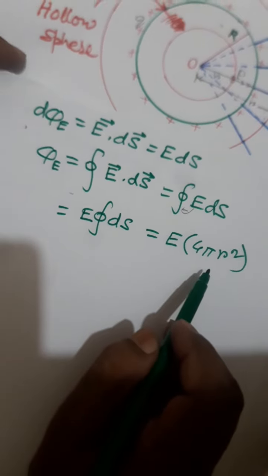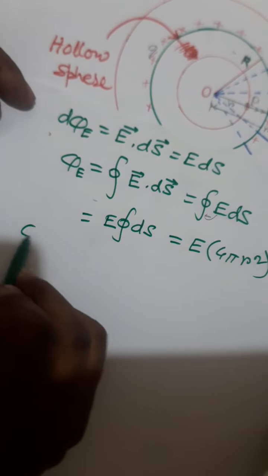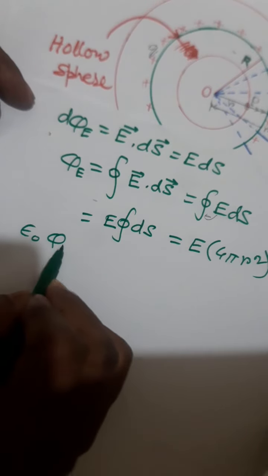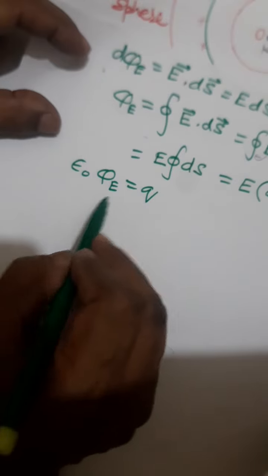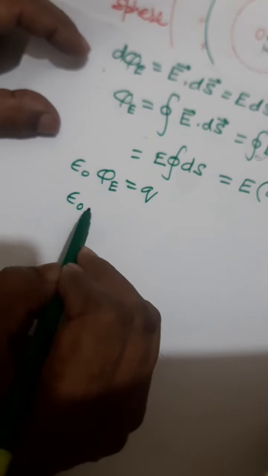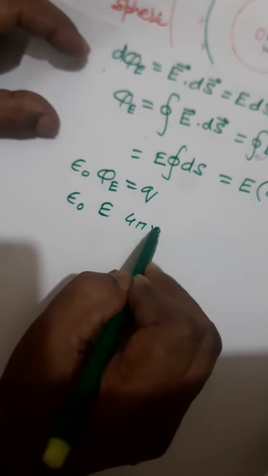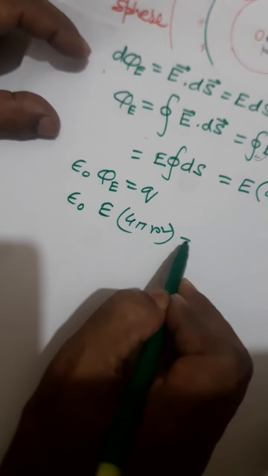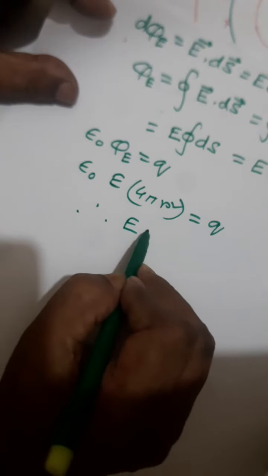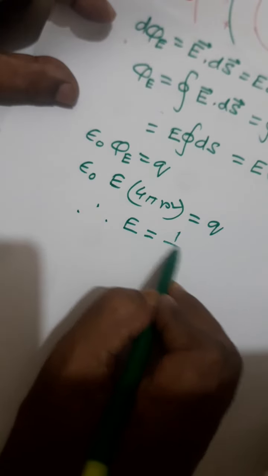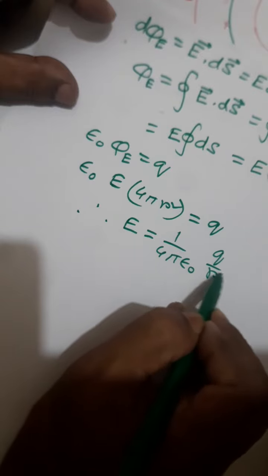According to Gauss's law, epsilon naught phi E equals charge Q, that is, epsilon naught E 4 pi r square equals Q. Therefore, E equals 1 by 4 pi epsilon naught Q by r square.